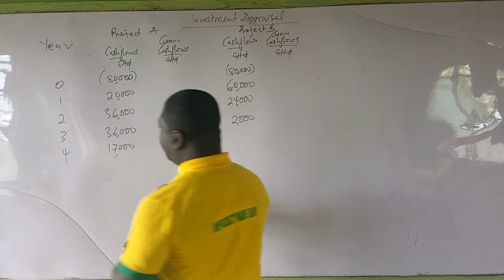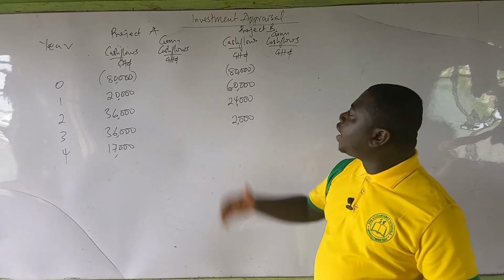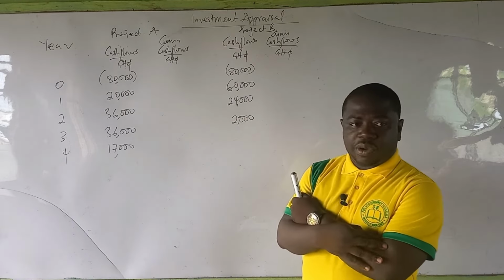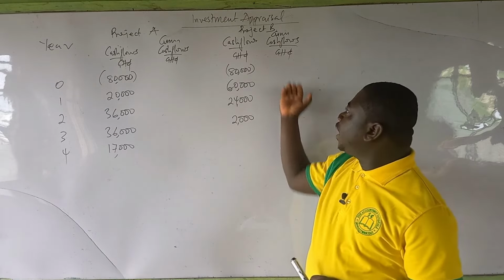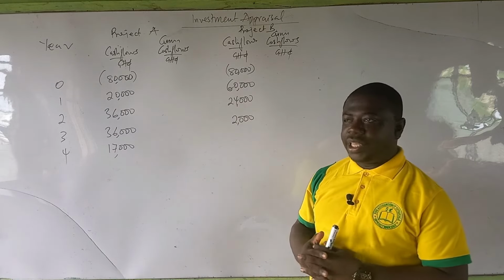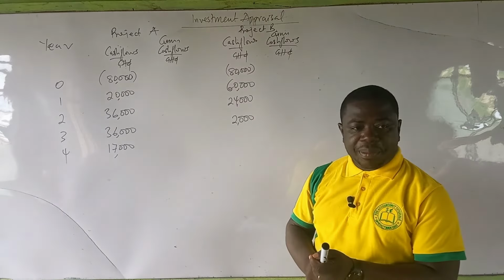There is no cash flow for year 4. So these are the cash flows given to us in the question. So let us find the cumulative cash flows for project A and for project B, and then we can determine the payback period.